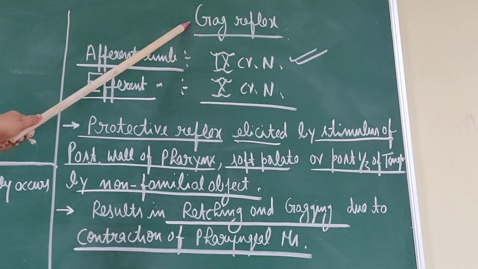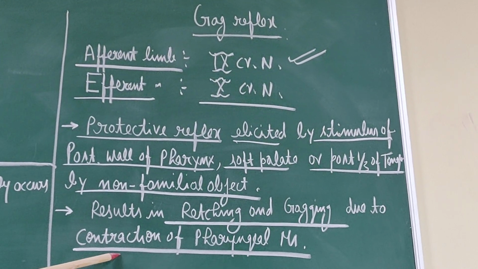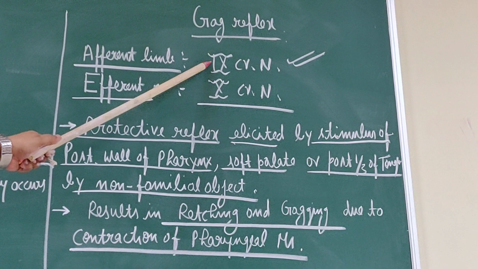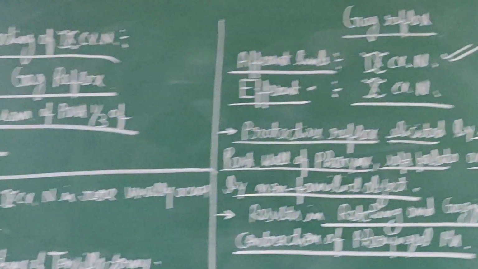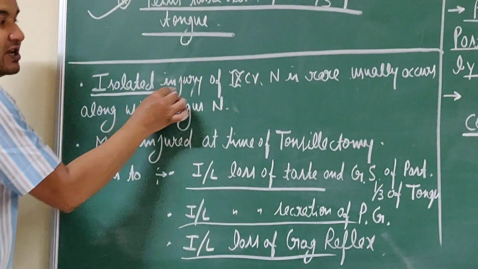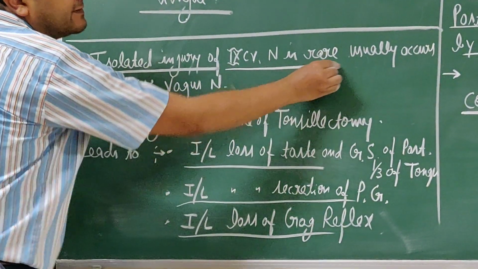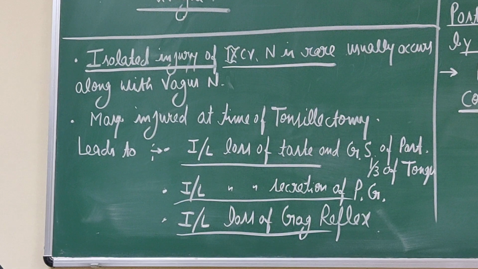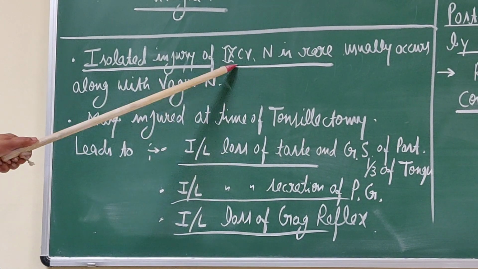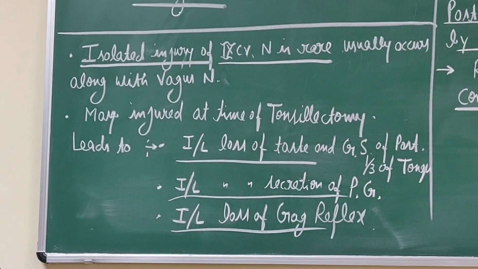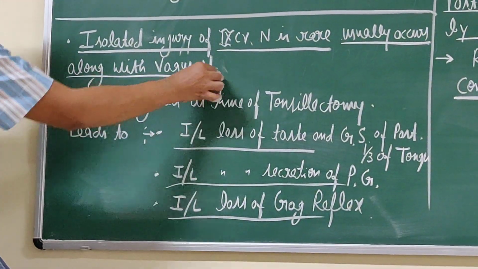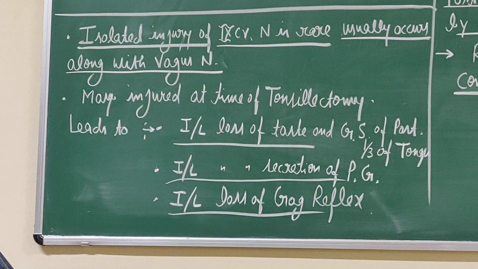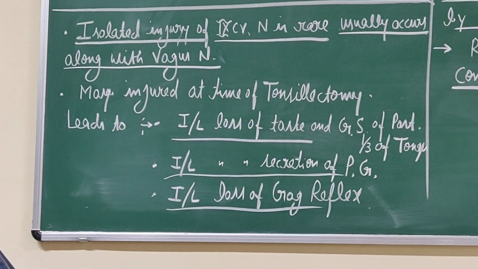So this gag reflex indicates the normal functioning of the 9th and the 10th cranial nerves. Now an isolated injury of this 9th cranial nerve is rare. Usually it is injured along with the vagus nerve and the spinal accessory nerve.